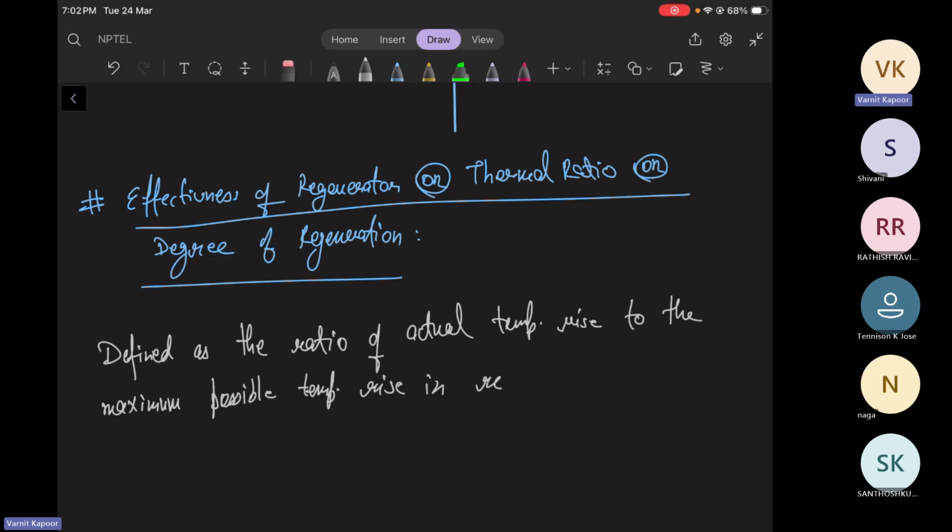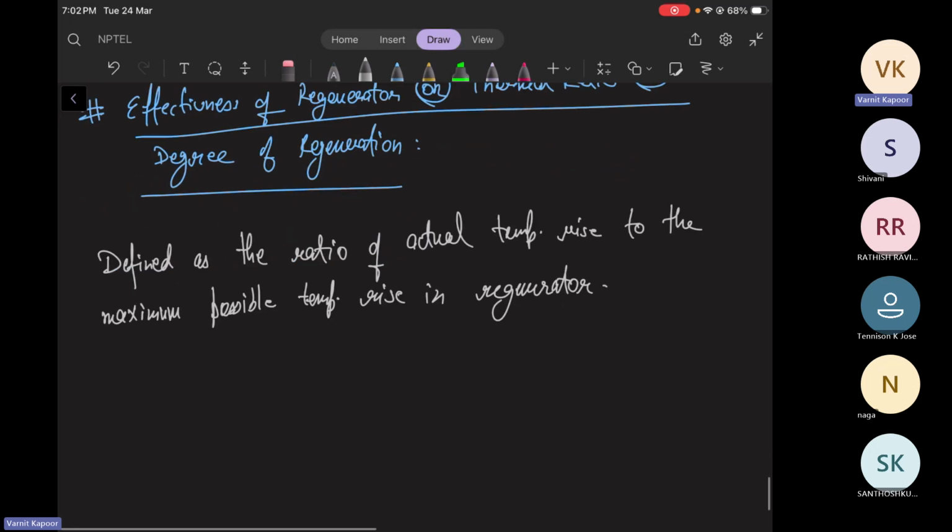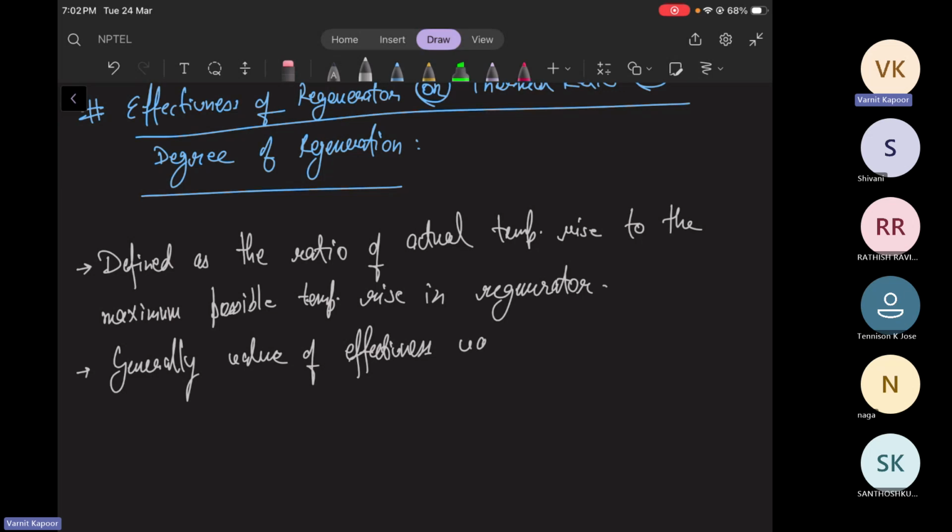And generally the value of effectiveness varies from 70 to 80%.